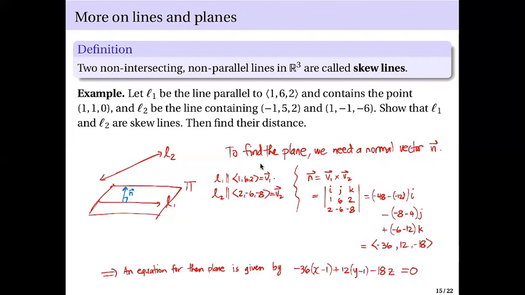Now you have the plane pi. The last thing to do now is to get the distance of the plane pi from L2, or vice versa, the distance of L2 from plane pi. Okay? So let me label this as your pi.